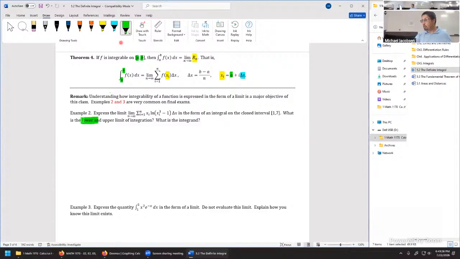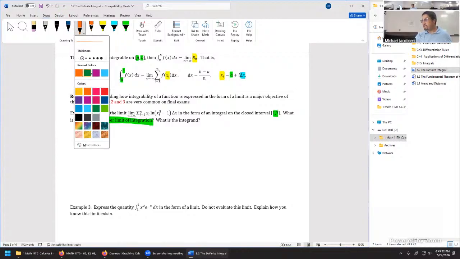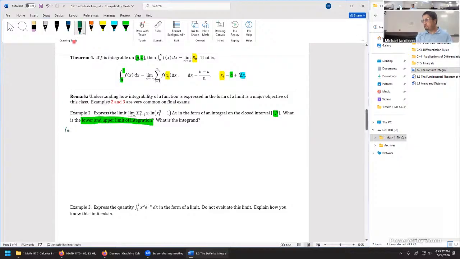When it asks for the lower and upper limit of integration, it's just referring to those numbers, 1 and 7. Let's write it down a little more specifically. Lower limit, meaning the lower limit of integration, always equals the value a, which in our problem is 1, coming out of that closed interval.